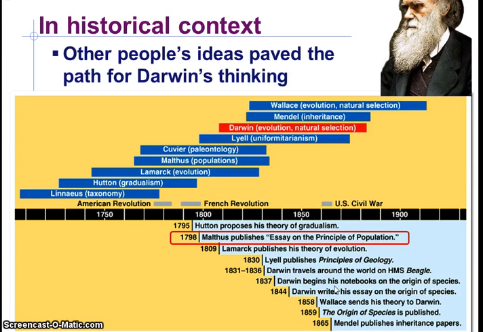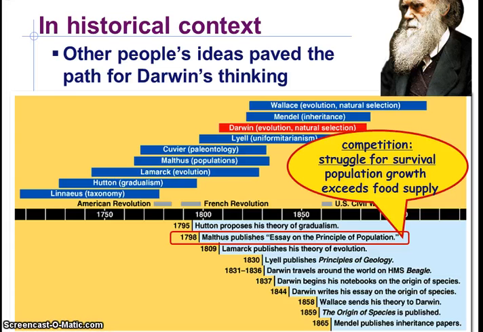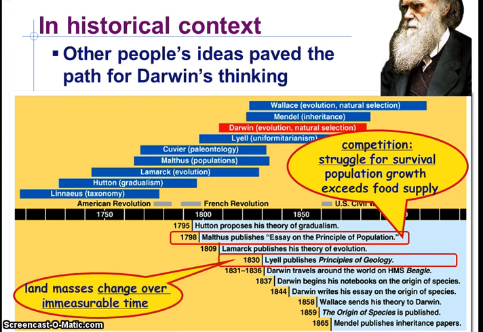Some major people: Malthus believed that competition is when you have a struggle for survival, and the population growth is going to exceed the food supply. Principles of Geology showed us that land masses change over really long periods of time.